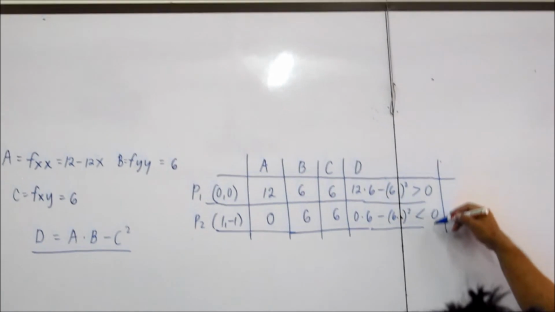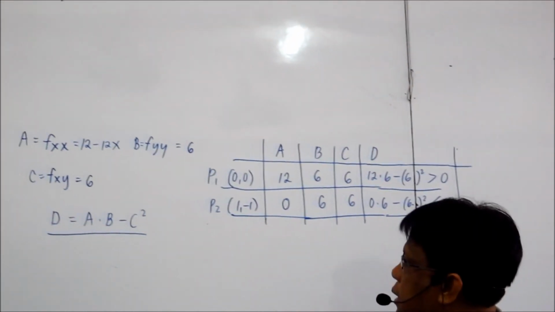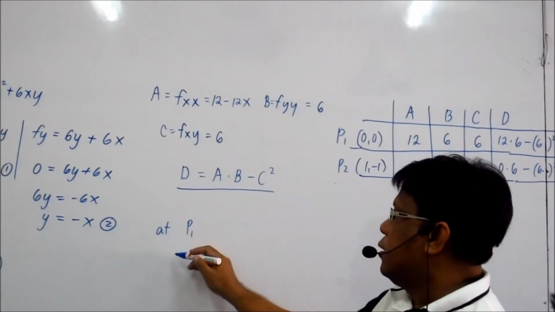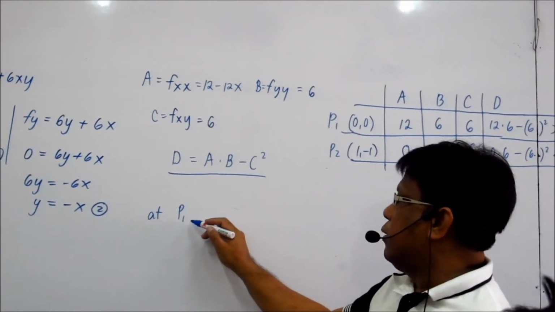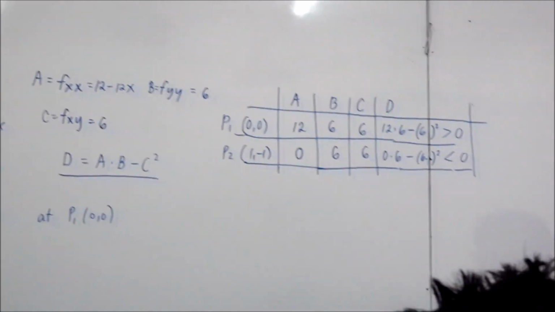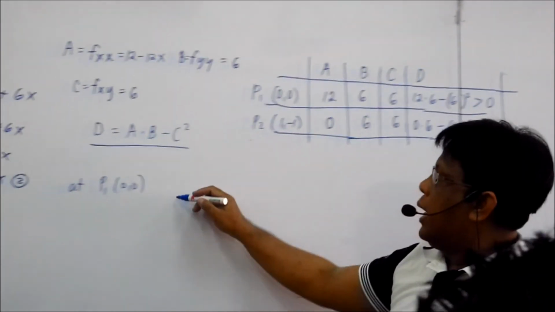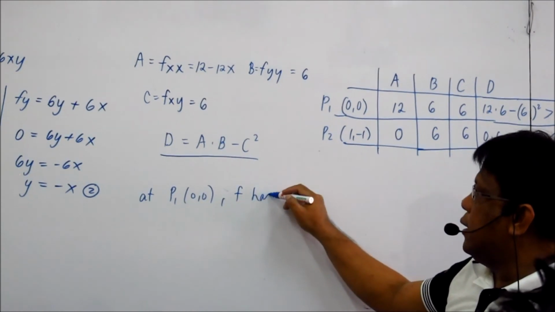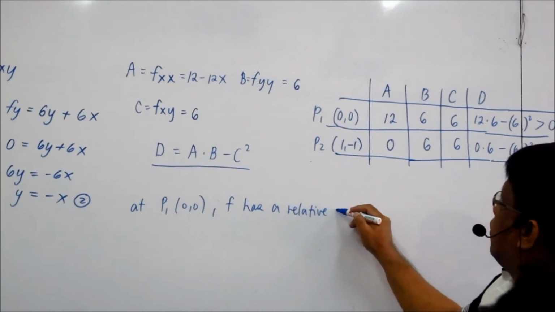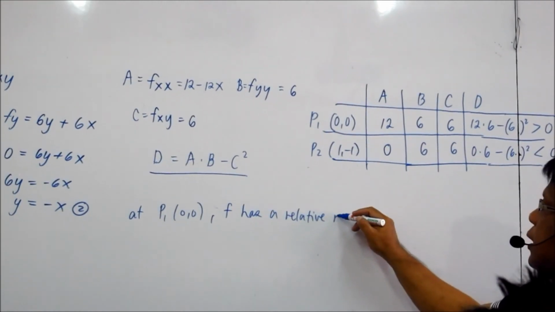Your conclusion is that at point 1, the given point 0, 0, we can say that F has a relative maximum or minimum?